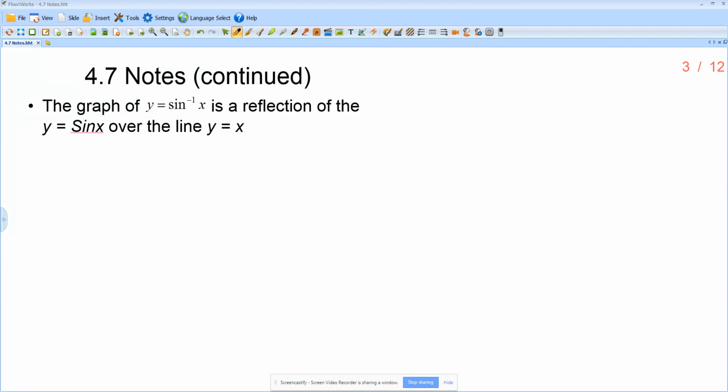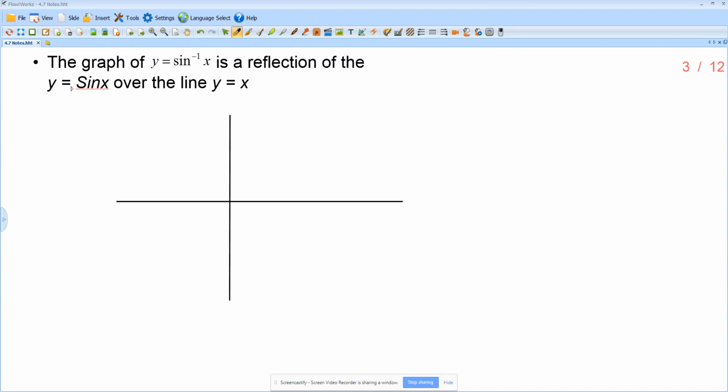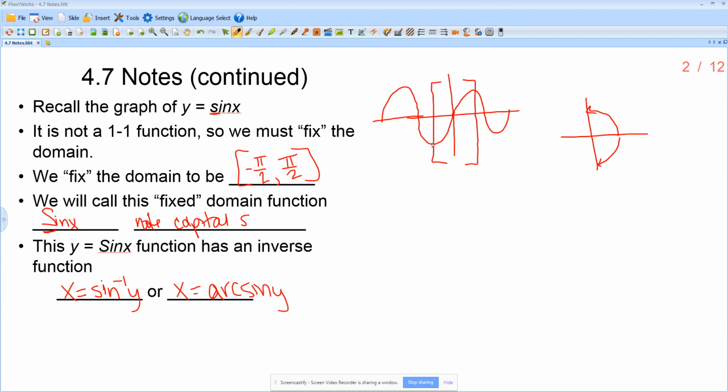All right, moving along, the graph of y equals inverse sine x is a reflection of y equals sine x over the line y equals x. So that might sound a little bit confusing, but if we were to be looking at y equals sine x, so the restricted sine, we're talking about just this piece.